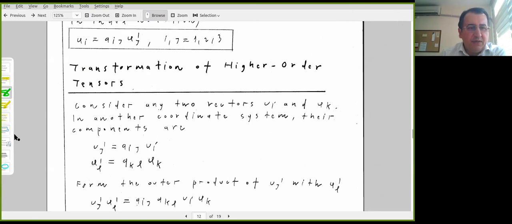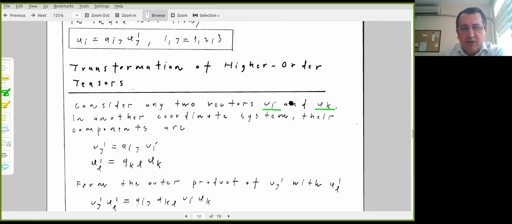And you need two first order tensors to obtain this formula. Suppose that these first order tensors are u sub i and v sub k. These have three elements each.